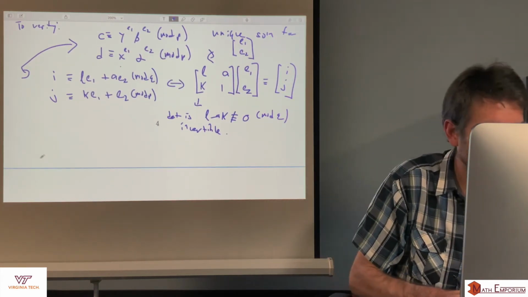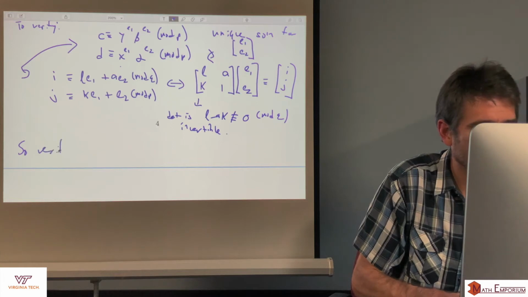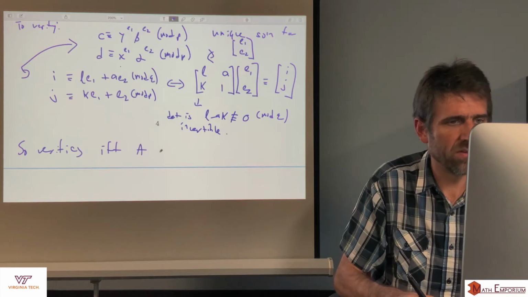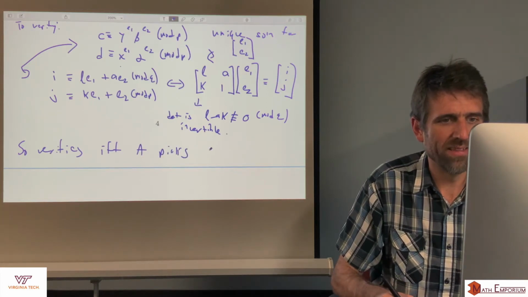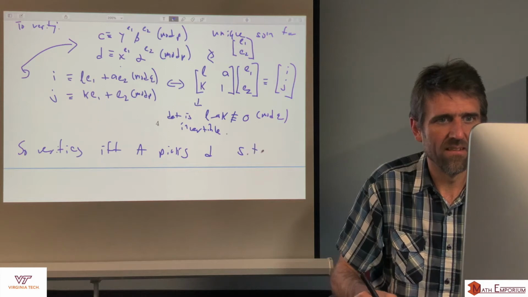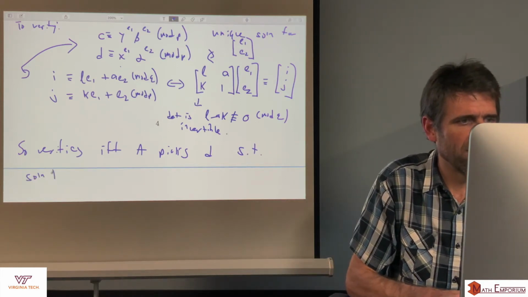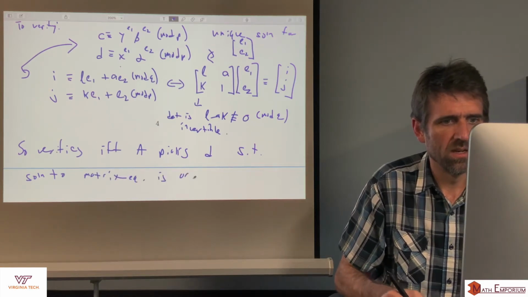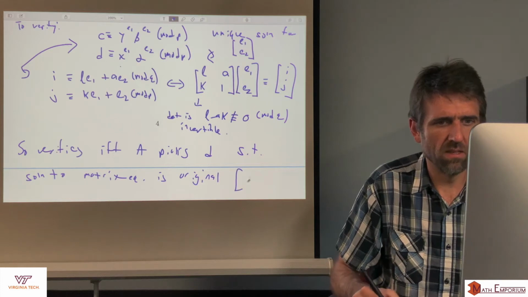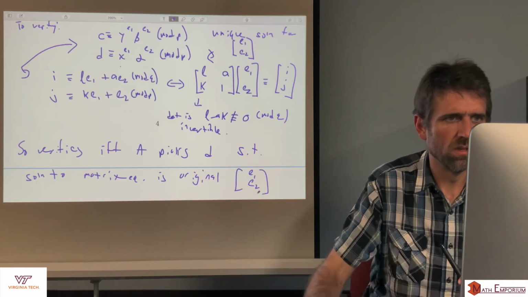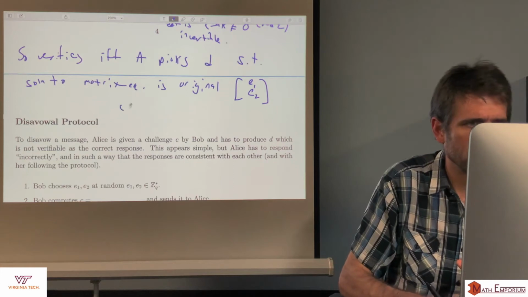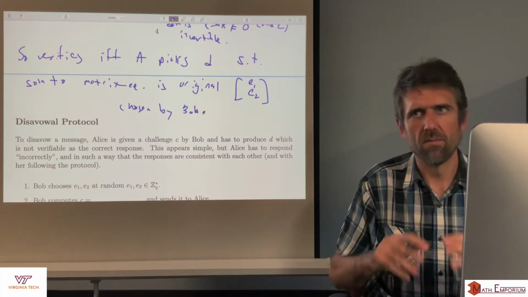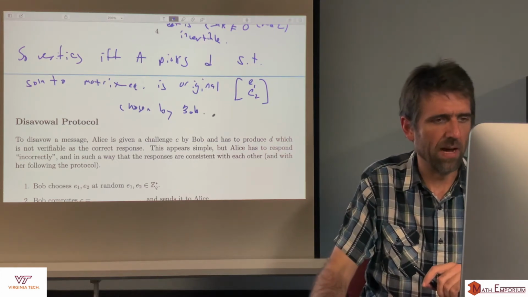So it verifies if and only if Alice picks the D such that the solution to that matrix equation is the original E1, E2 chosen by Bob. Otherwise, this is not going to verify.